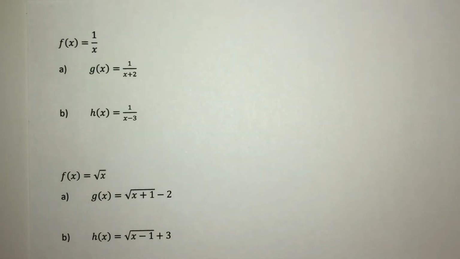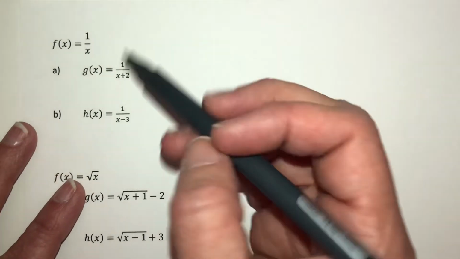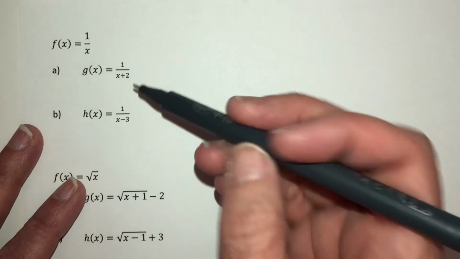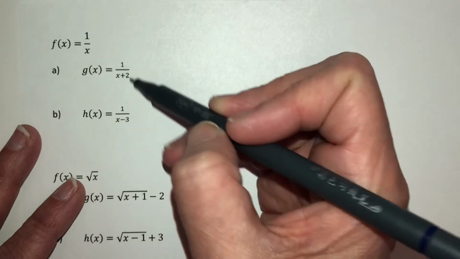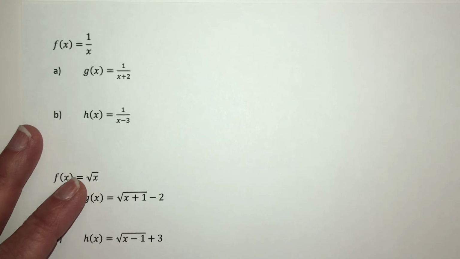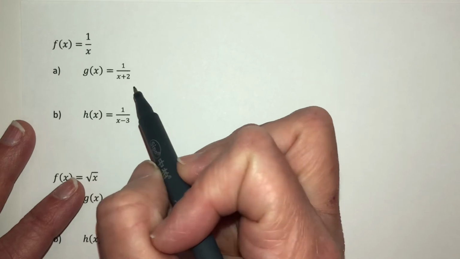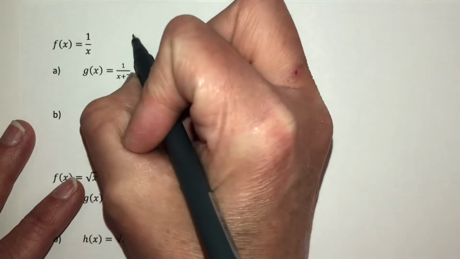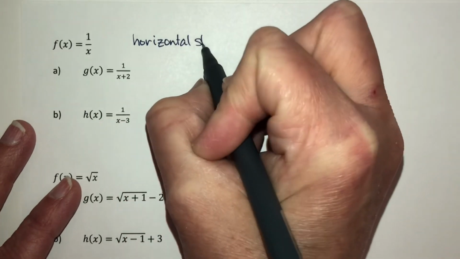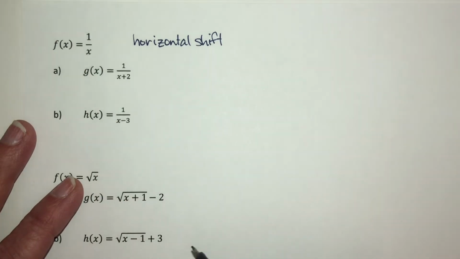If I have f of x is equal to 1 over x, and from this, we want to talk about how to get these graphs. And again, we have a plus and a minus that are kind of added to, put onto, inside of our original. And I just said inside, and that means this is a horizontal shift, because the changes are inside of our original function.